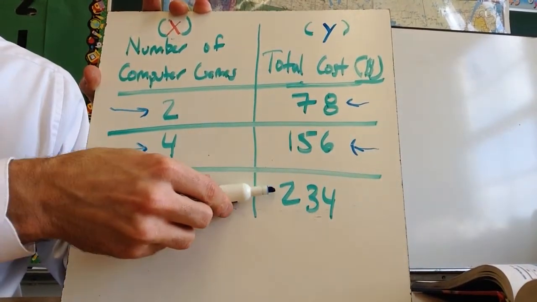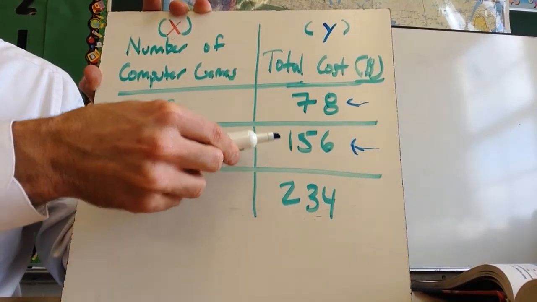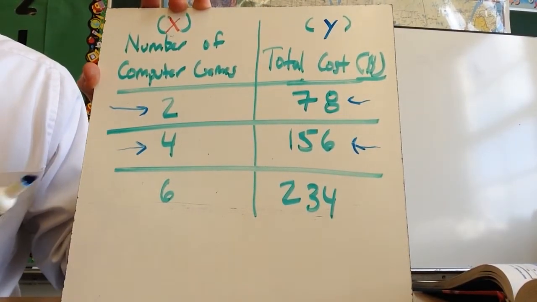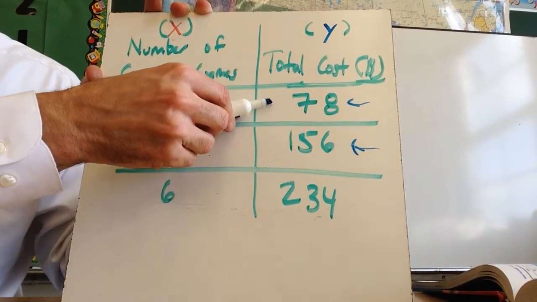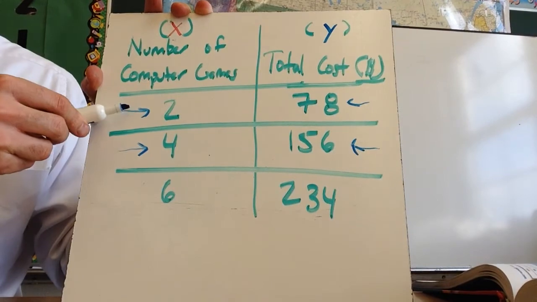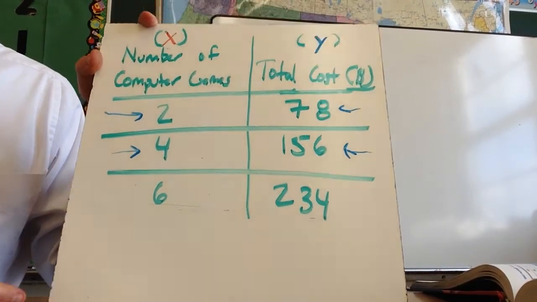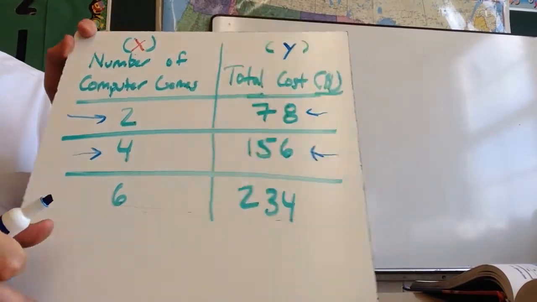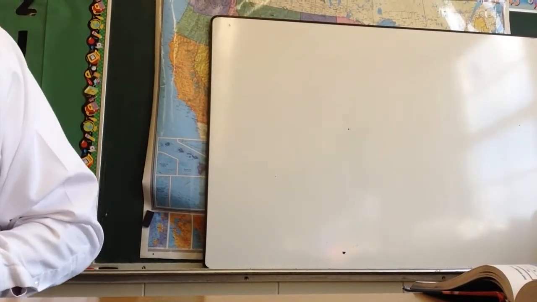You could use these two. You can use any two you want, but if I'm going to use 234 and 78, so 234 minus 78, I would then have to have 6 minus 2 as my denominator. But if I'm going to use 156 minus 78 and then 4 minus 2, it's going to look like this.